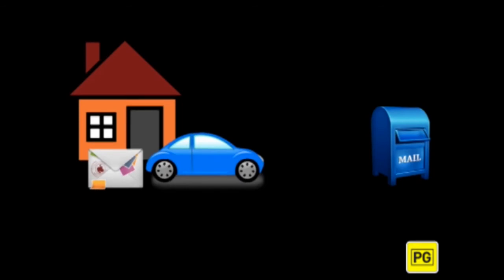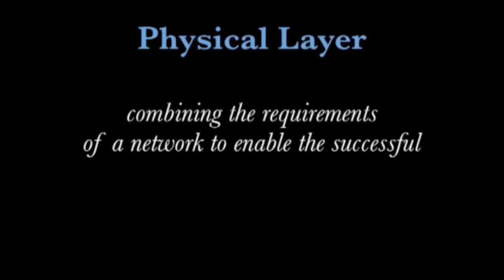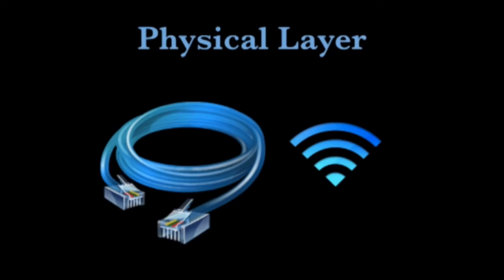The link layer is like the transport layer, but only with smaller scope. Just imagine sending a mail from your house to the mailbox instead of sending it directly to the post office. This is a LAN cable and this is the Wi-Fi symbol.